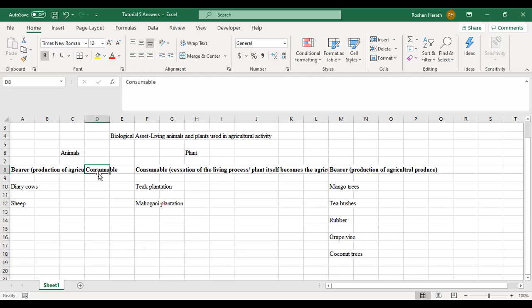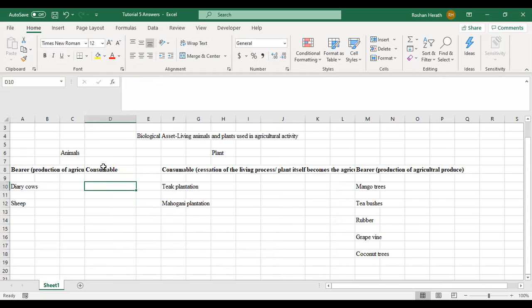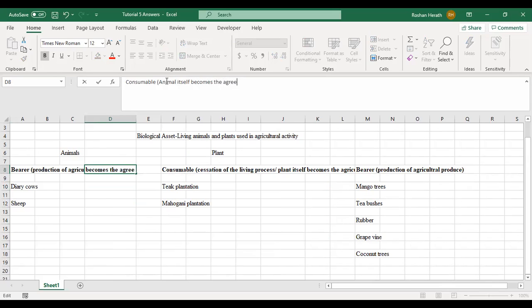On the other hand, if you take the consumable category, like in the case of consumable plant, it's about the cessation of the living process. Or I would say, in simple terms, the animal itself becomes the agricultural produce.